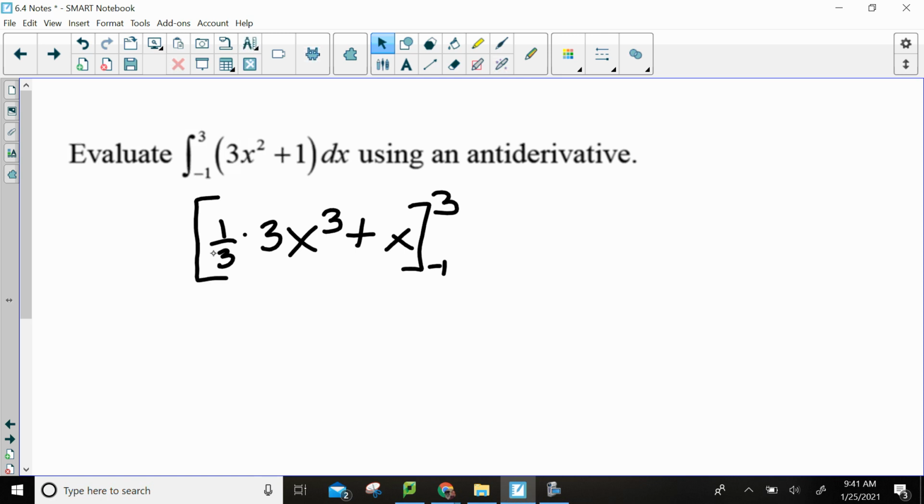These guys simplify. I'm just going to kind of leave it like this. So basically what I'm doing is it's always the upper limit substituted in minus the lower limit substituted in. Okay, so I am substituting 3 in. And then I am going to subtract -1 substituted in.